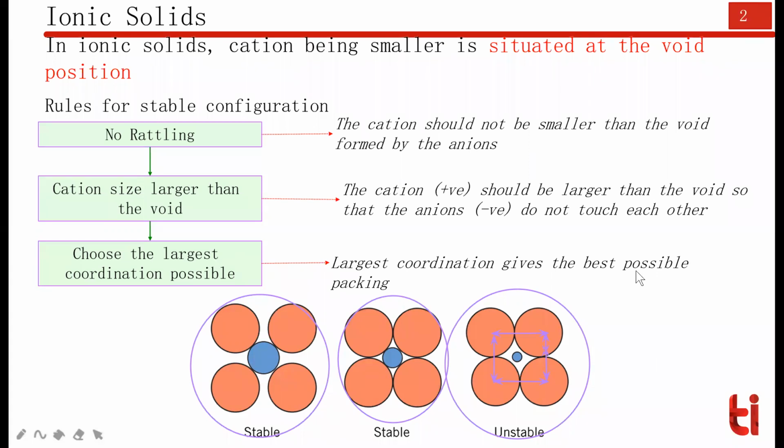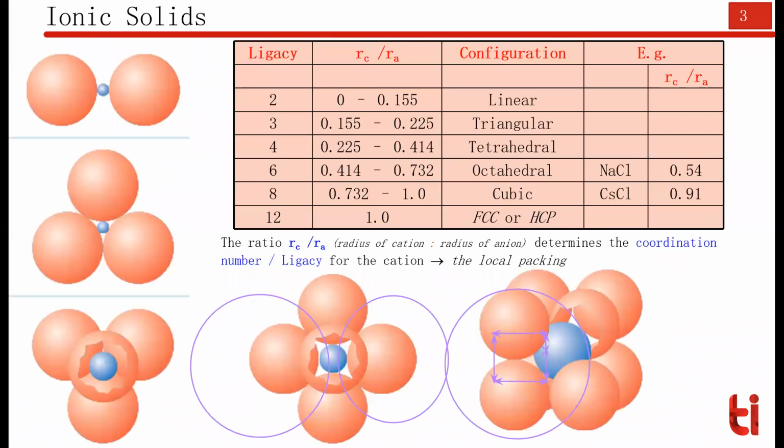Is it fine? Yes, sir, there are no doubts. Now, to make an ionic solid, when an anion surrounds a cation and a cation surrounds an anion, you have different numbers of coordination that can take place. You remember the coordination is the number of nearest neighbors.